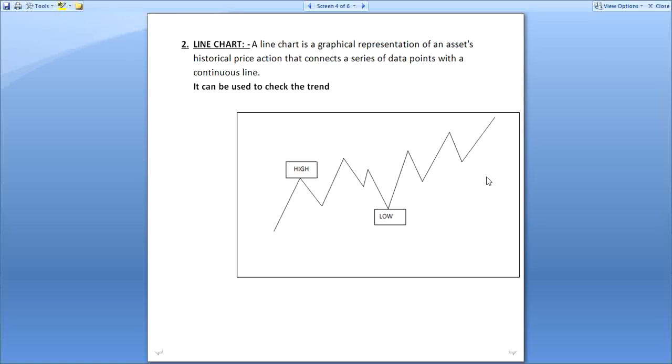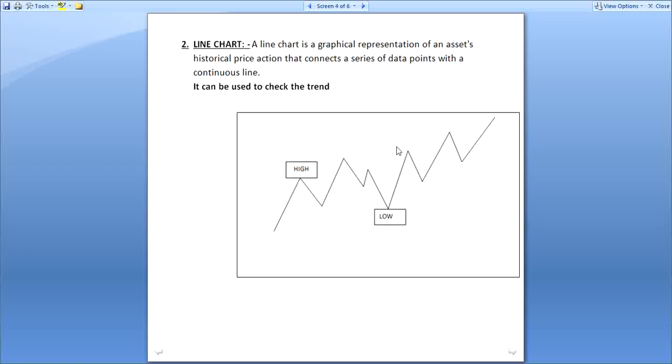We can easily analyze from this whether it's going down or up. That's why the line chart also plays a very vital role in technical analysis, and from that chart you can easily analyze what trend is going on in the particular stock or company.